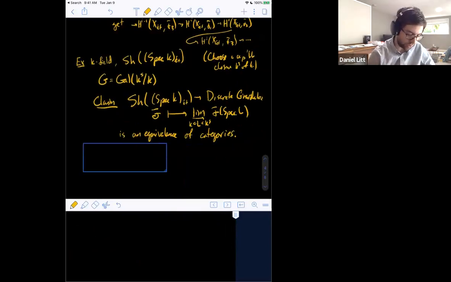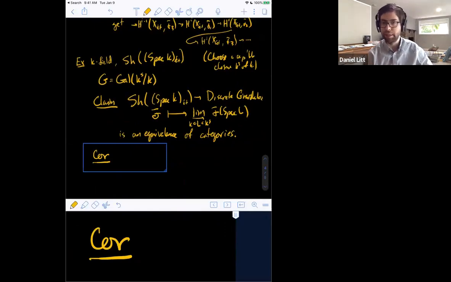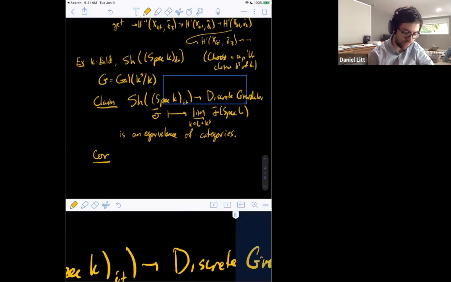As a corollary of this claim, we can actually describe Etale cohomology for Spec K. Can anyone help me out? What is the description? Let me call this functor iota.